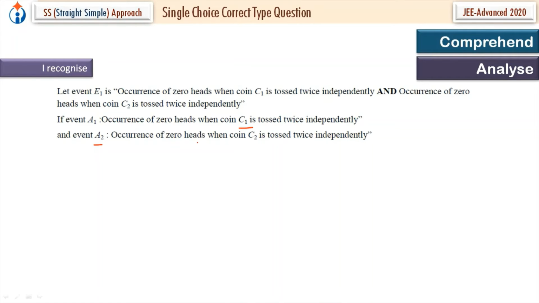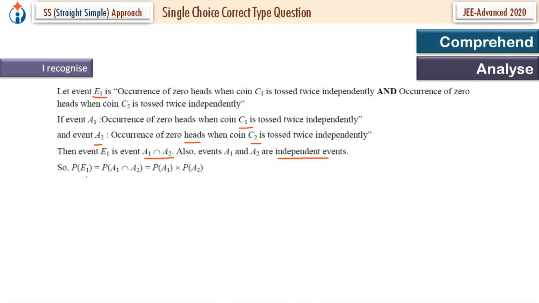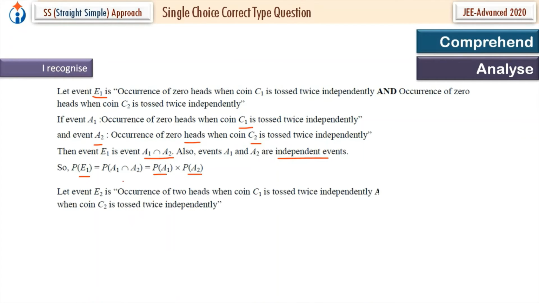Event A2 is 0 heads when coin C2 is tossed twice independently. So the occurrence of 0 heads on C1 and 0 heads on C2 is event A1 intersection A2. Events A1 and A2 are independent events. So the probability of occurrence of A1 and A2 both, being independent events, is the product, so we get this result.